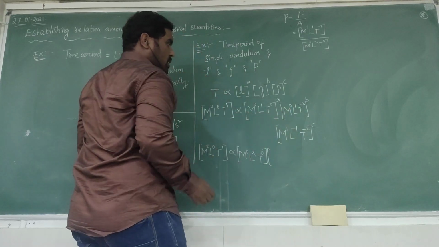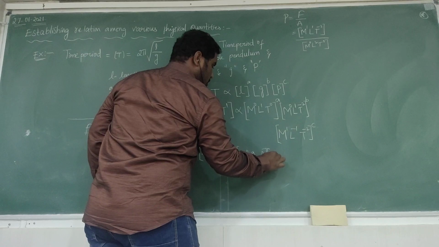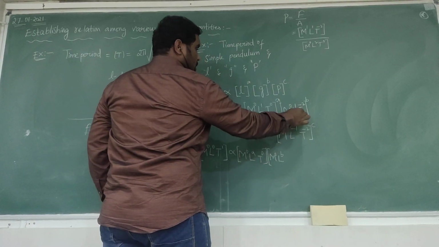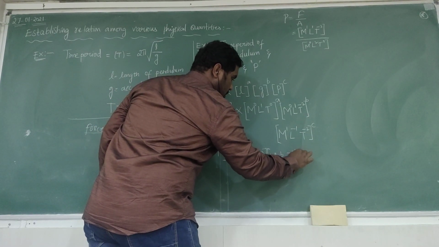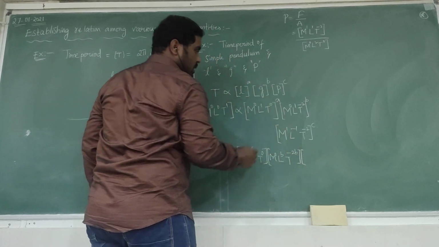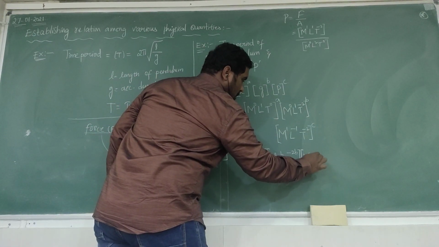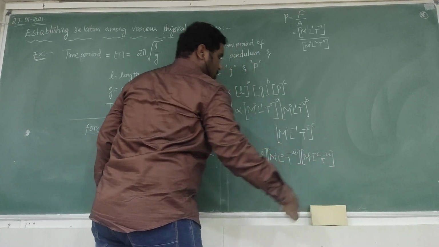And then this one here, M power 0 into b, M0. L power 1 into b, L power b. T power minus 2b. And then for this one here, M power c, L power minus c, T power minus 2c.